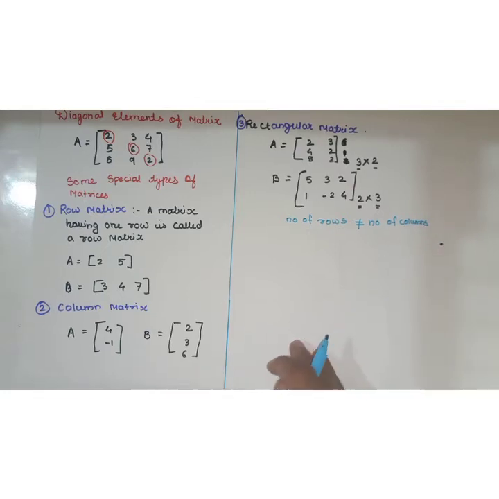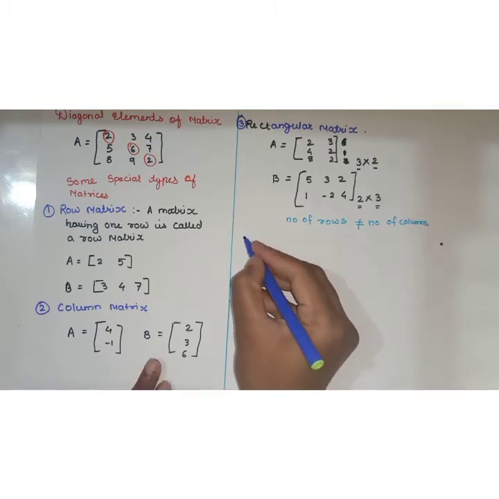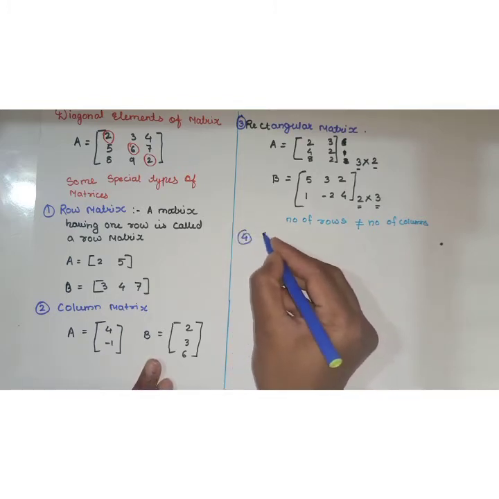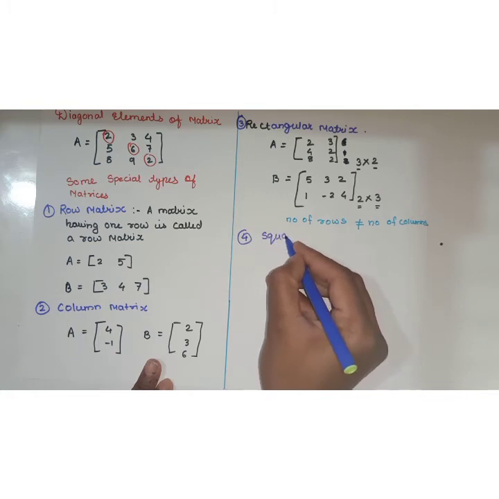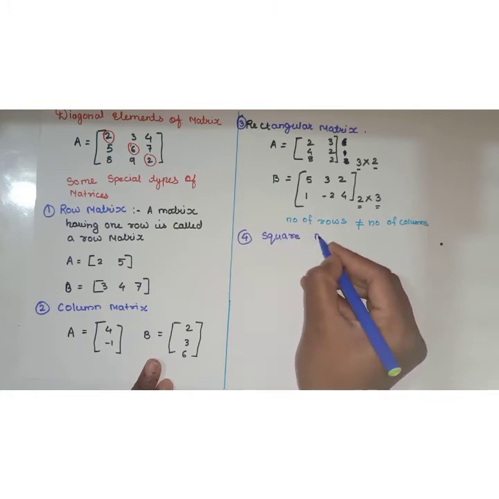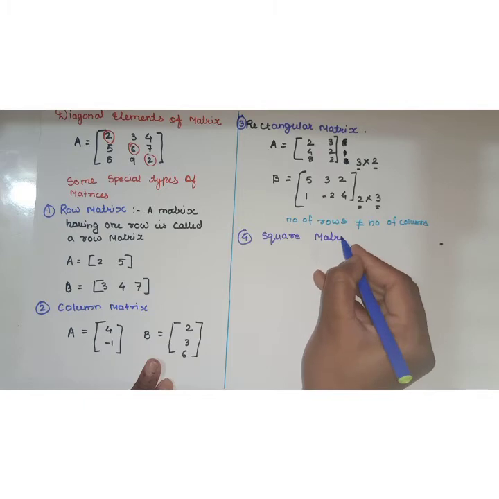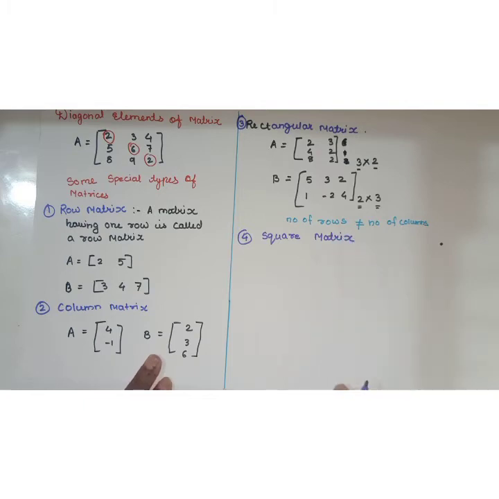Okay. Then the next one is the square matrix. Now, in a square matrix, the number of rows is equal to the number of columns. A square matrix is a matrix in which the number of rows is equal to the number of columns.